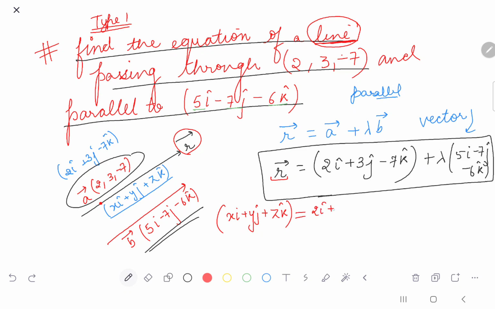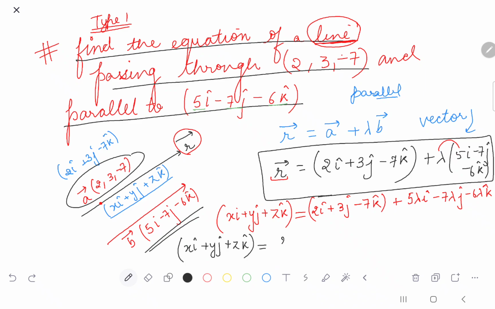This is going to become 2i cap plus 3j cap minus 7k cap, plus multiplying lambda inside, that becomes 5 lambda i cap minus 7 lambda j cap minus 6 lambda k cap. Yes or no? Yes, ma'am. So we have xi cap plus yj cap plus zk cap equals (2 plus 5 lambda) i cap, (3 minus 7 lambda) j cap, and (minus 7 minus 6 lambda) k cap.